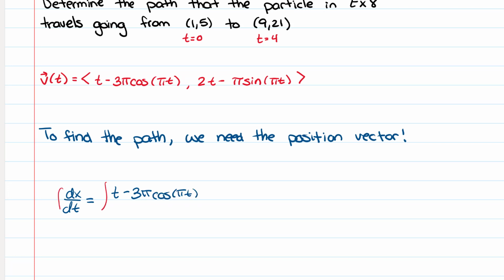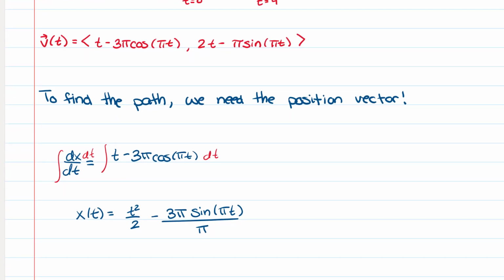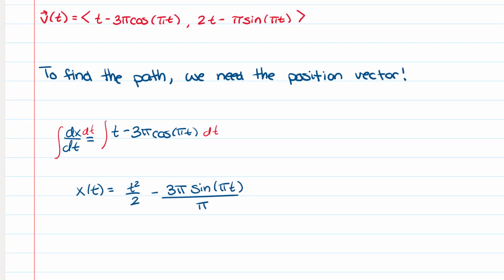Then I integrate both sides with respect to t, and I get my position for x is t squared over 2 minus 3π sine πt divided by π. The way I got that π is I did the reverse chain rule. Then you're going to have to add plus c1 because we need to add the plus c. The reason I'm adding a c1 is because I'm going to have another c value later on for the y.